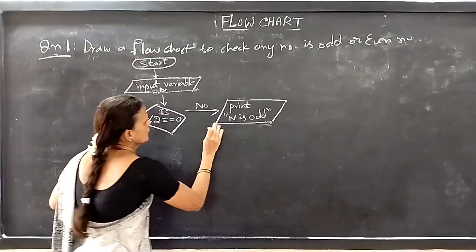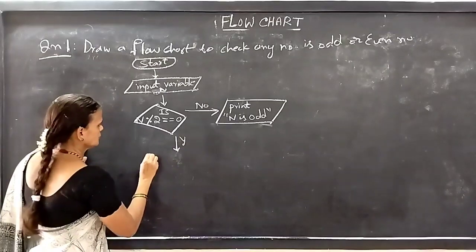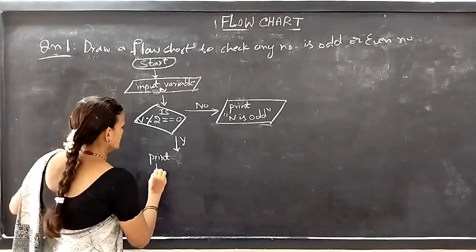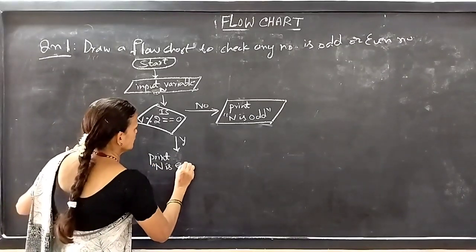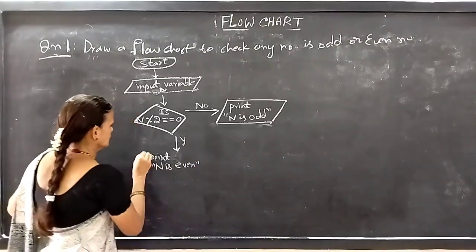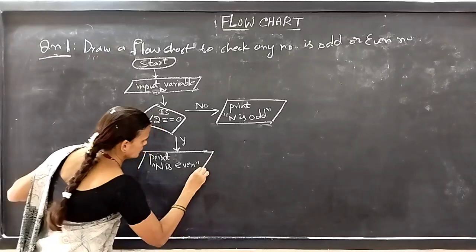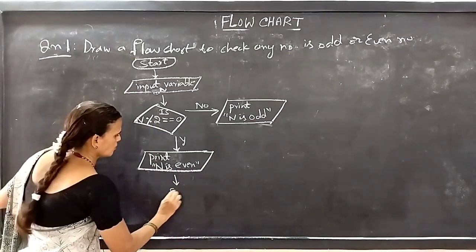If it is yes, you have to write print "n is even". Then stop.